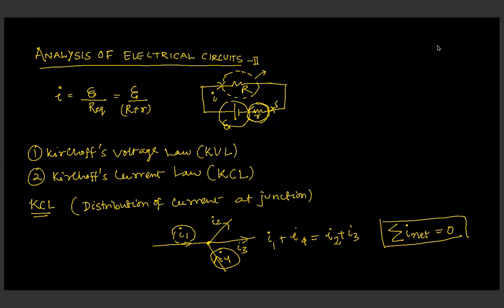Second, what is the application of KCL? We have seen it in the previous topic as well. Let's solve a circuit. As you are well aware of junction analysis, I'm going to give you a circuit where a 20 volt battery is connected.